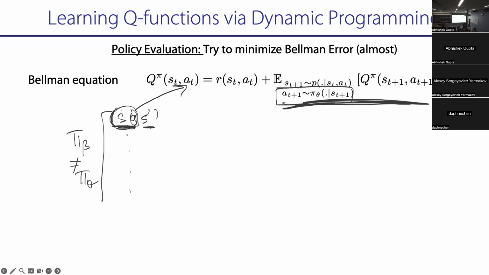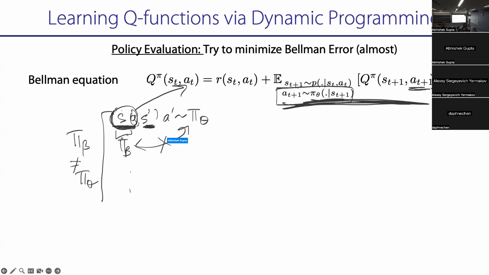So the point is that in the previous step, we were using a value function, which means you have to sample the first step from your policy, right? But here, you can say, I'm going to sample the first step from a different policy. So S and A come from some policy pi beta. It transitions to some S prime according to the dynamics. And then I'm going to sample an A prime from some different policy pi theta. And these two policies don't have to be the same, right?